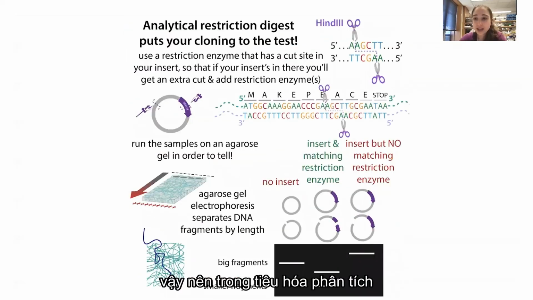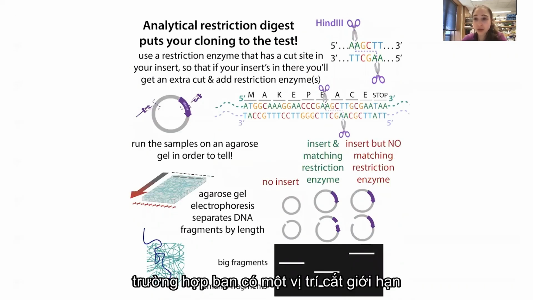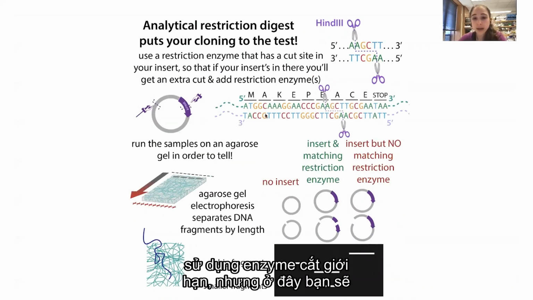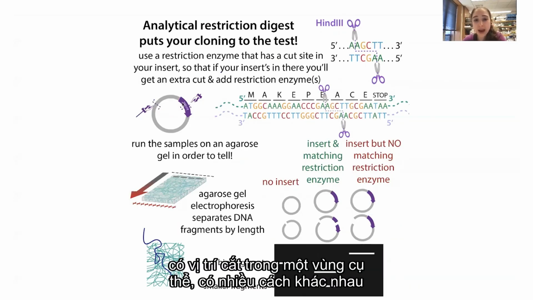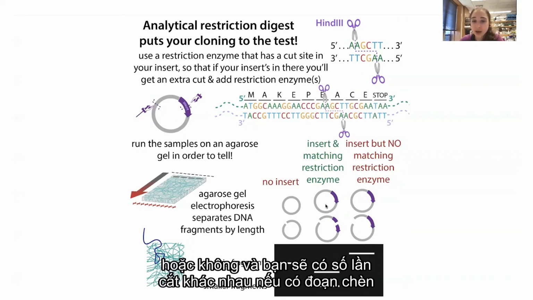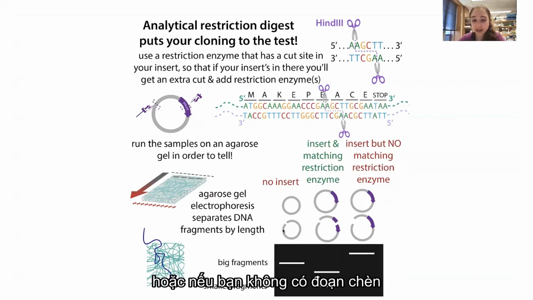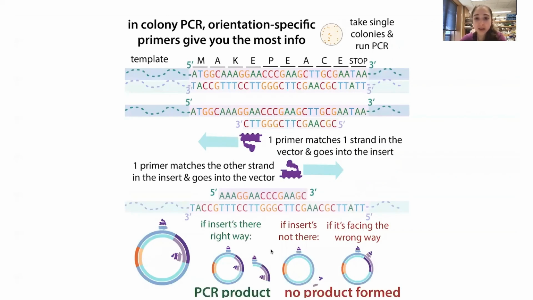So an analytical digest is similar to what we talked about before, using restriction enzymes. But here you're going to use cuts that have a cut site in a region so that you have a cut site in your insert or not, and you'll have a different number of cuts if you have the insert or you don't, and then you'll be able to see the relative sizes of the pieces.